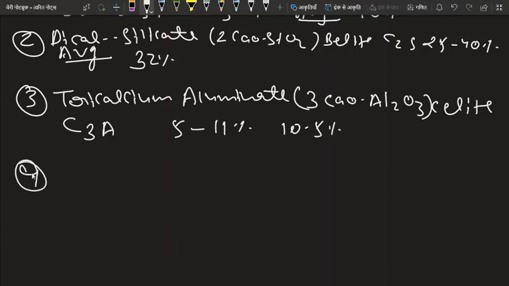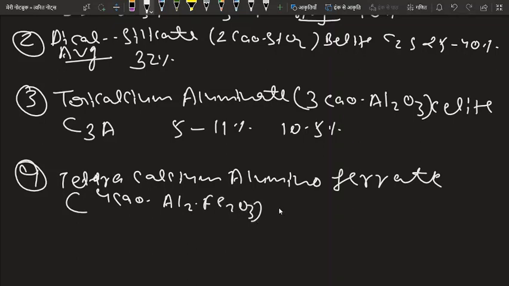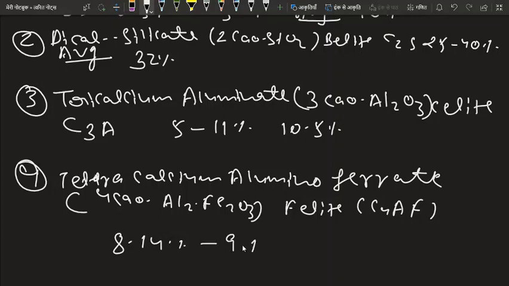Fourth one is tetracalcium aluminoferrate, 4CaO.Al2O3.Fe2O3. It is also called felite and also written as C4AF. It is present about 8 to 14%.